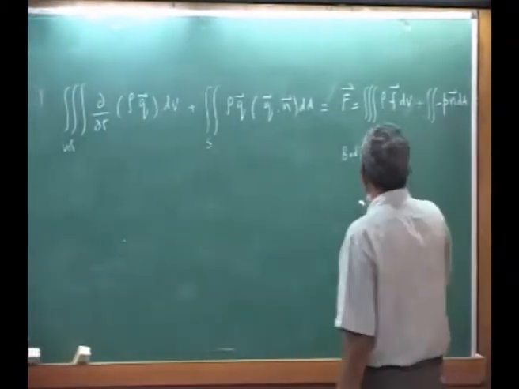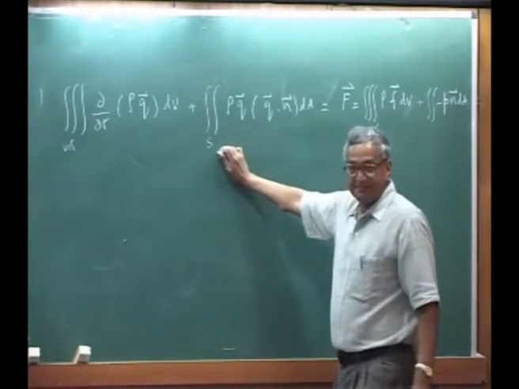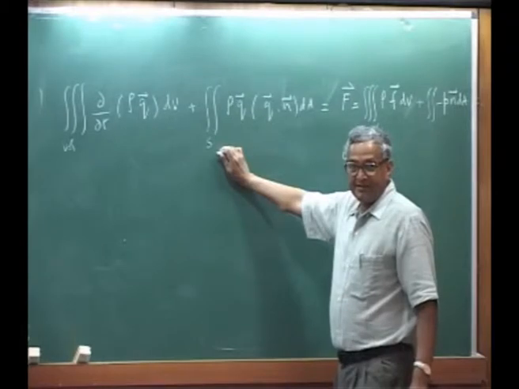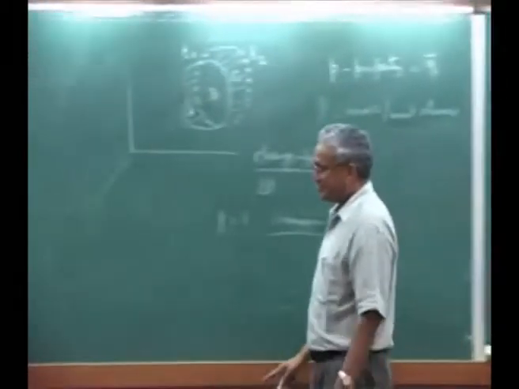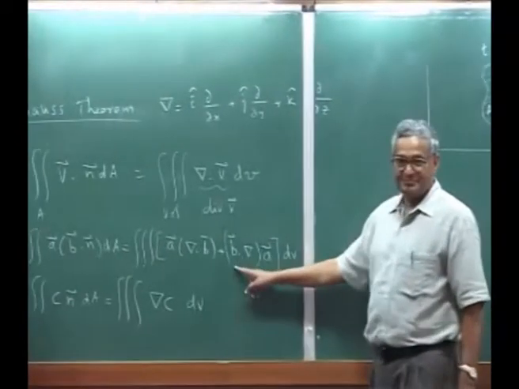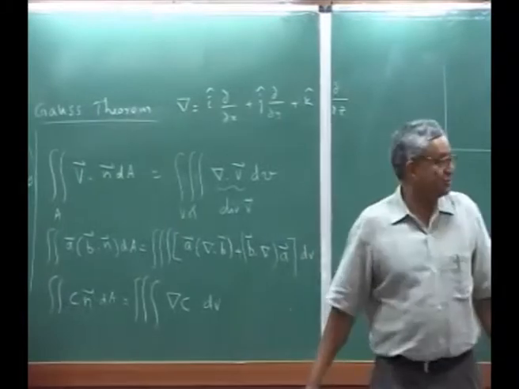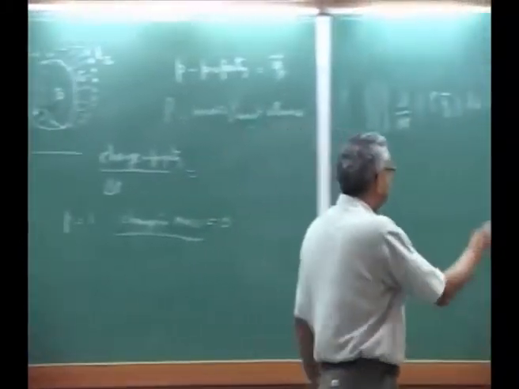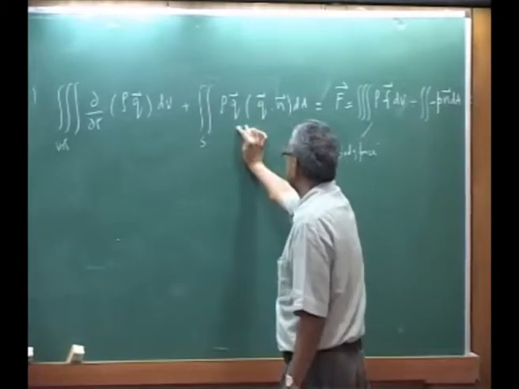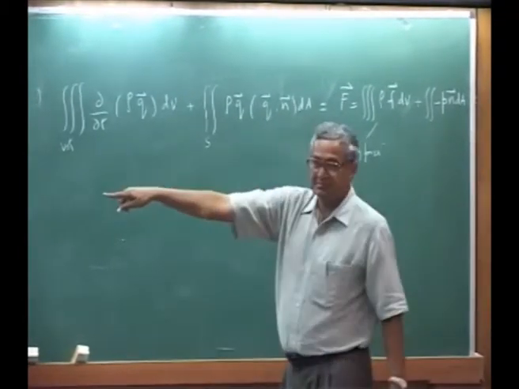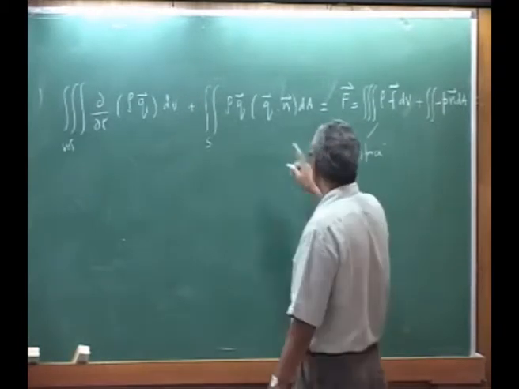Now again what you do is you transfer it to this side. This surface integral you convert into a volume integral, using this relationship. The second one, because you say this as rho Q, where Q dot N is the normal component, use that relationship.